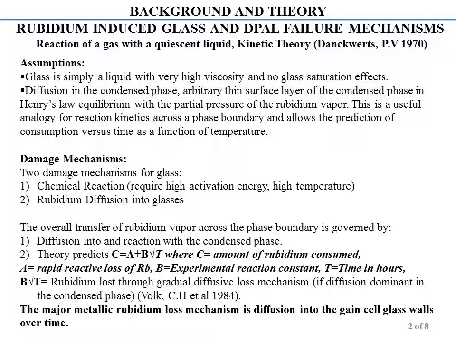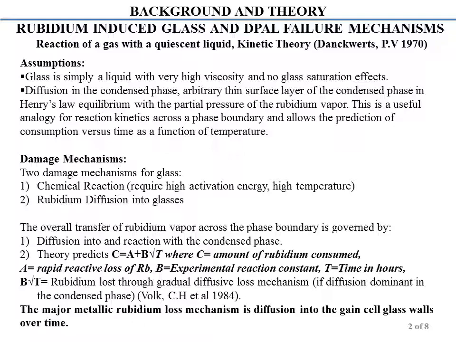Diffusion occurs in the condensed phase, and an arbitrary thin surface layer of the condensed phase is in equilibrium with the partial pressure of the rubidium vapor. This turns out to be a useful analogy for reaction kinetics across a phase boundary, and it also allows the prediction of consumption versus time as a function of temperature, which is a lot of work that Volk at Aerospace Corporation was engaged in and published.